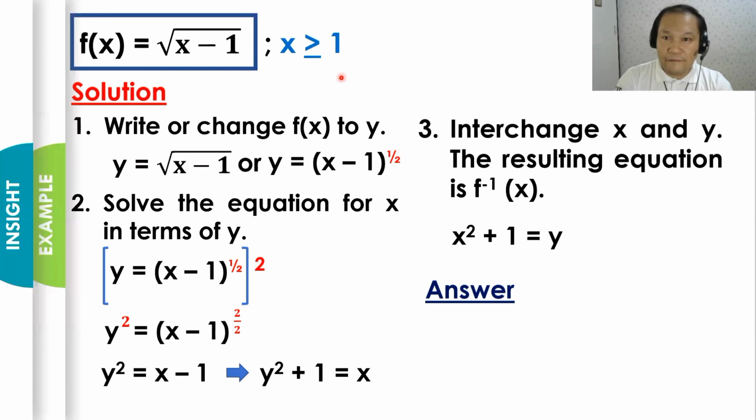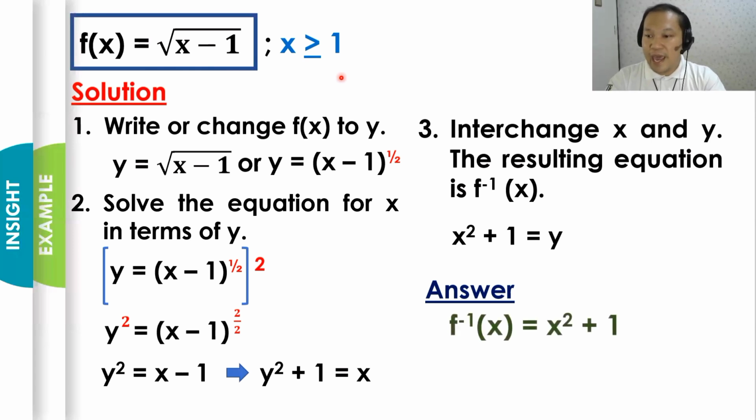Okay. Therefore, using the three-step rule, the inverse will be x squared plus 1. And since our inverse is a quadratic function and the graph is a parabola, we are going to make a restriction for the values of x.